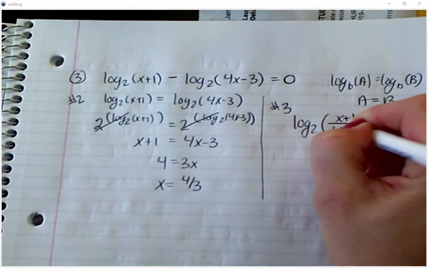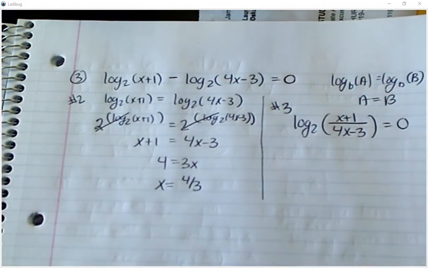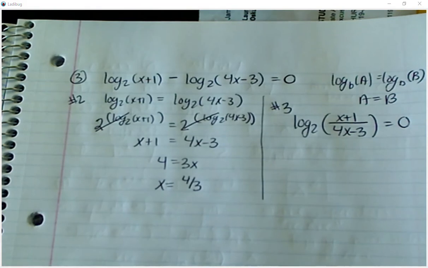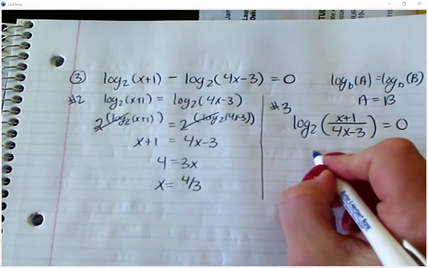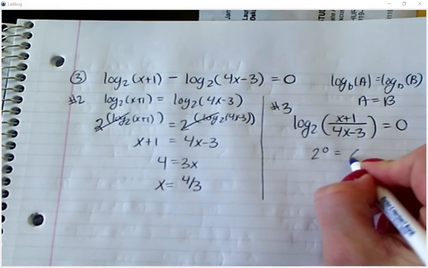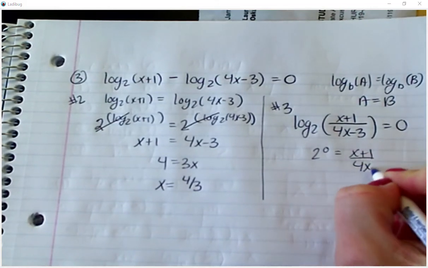X plus 1, 4x minus 3. Okay, properties. How do you rewrite these statements to fit the format that you can use? Properties help you rewrite it. And then 2 to the 0 equals this.